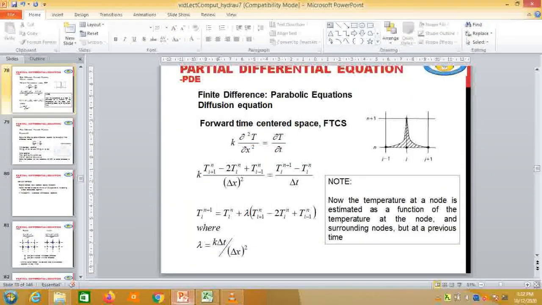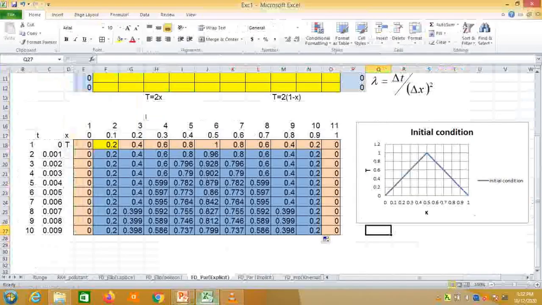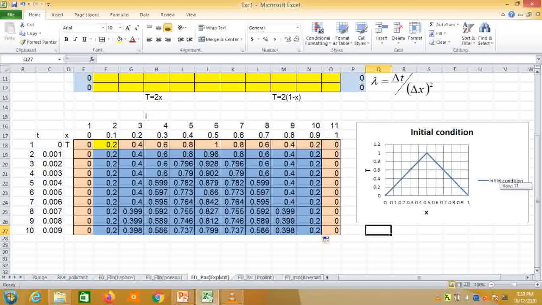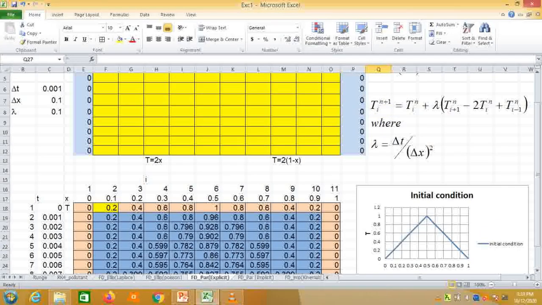Mind you, here we have used a value of lambda equal to 0.1. You are required to change at least delta t so that the value of lambda is equal to 0.5 or above, and look at the consequence, how things would change.